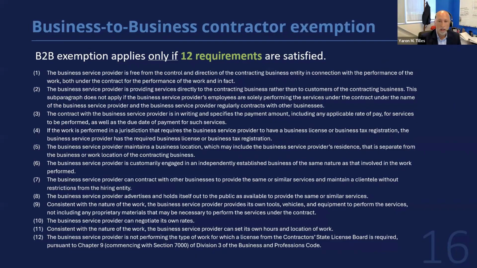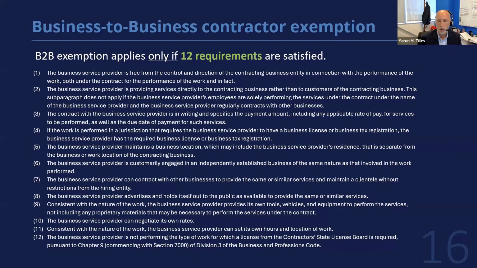Number 4 requires a business license or business tax registration to the extent that that is required in that jurisdiction. Item 5 requires that there's a separate business location of the service provider separate from the hiring entity. 6 requires that the service provider customarily is engaged in an independently established business of the same nature.